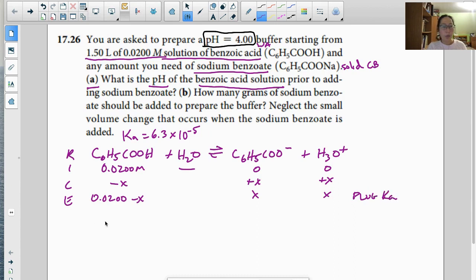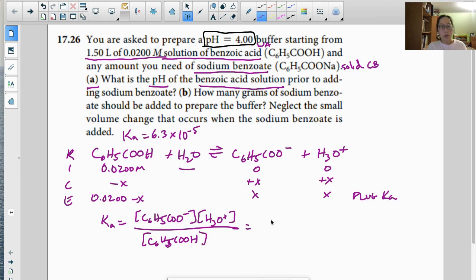So our Ka expression, remember, is going to be our C6H5COO minus over our H3O plus over our benzoic acid concentration.